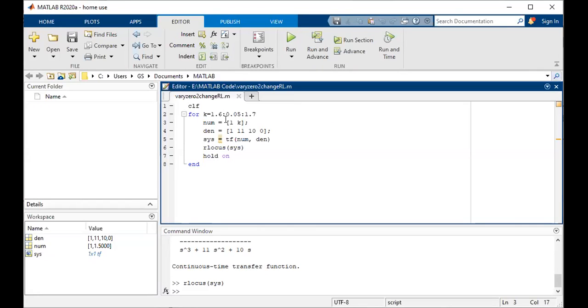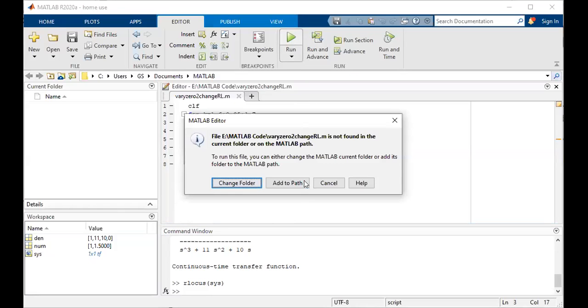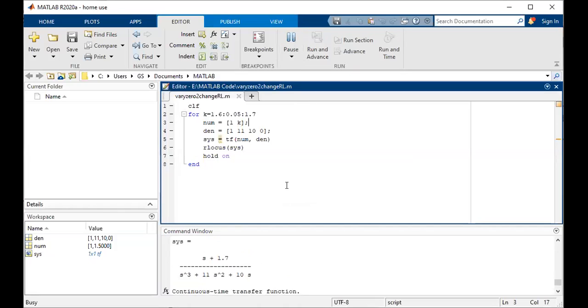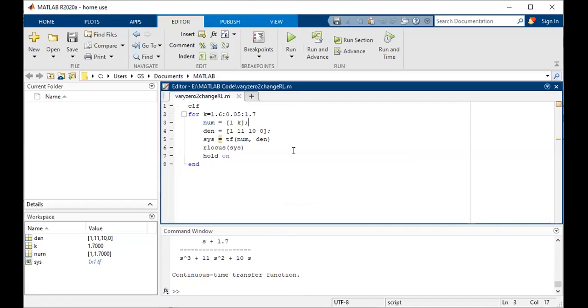So by changing the location of the zero, for some value between 1.6 and 1.65, the transition is happening. Now let me draw it. Okay, now look back at the figure.